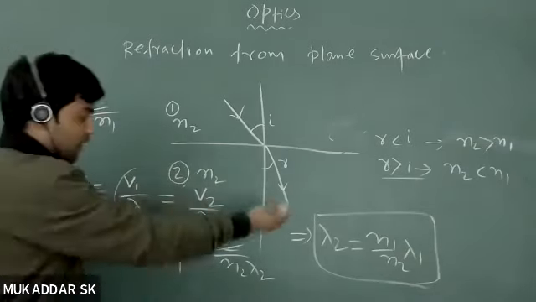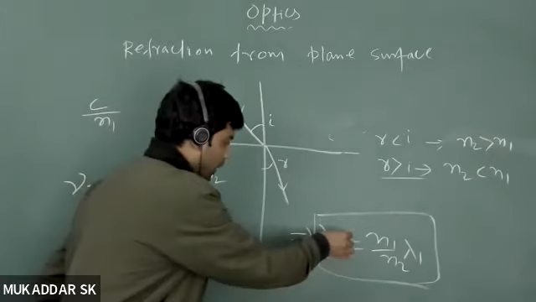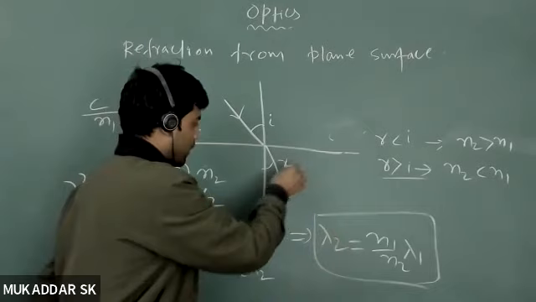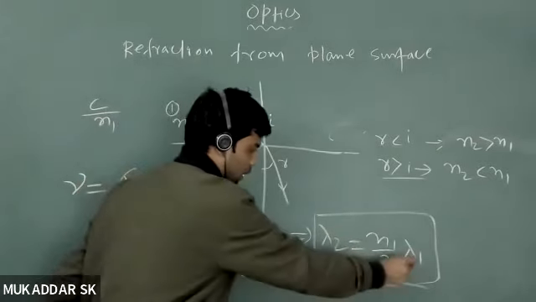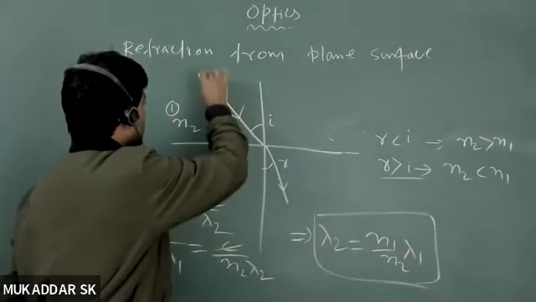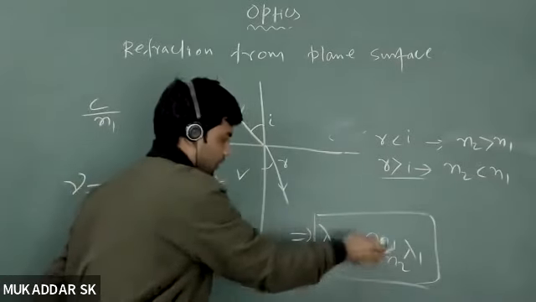How I have derived that part. Did you get it? Yes, sir. You see, lambda 2 is the wavelength of the electromagnetic wave in medium 2, and that is N1 by N2 times lambda 1, where lambda 1 is the wavelength in medium 1. So this is related to the refractive index.